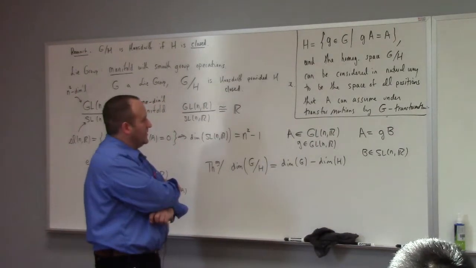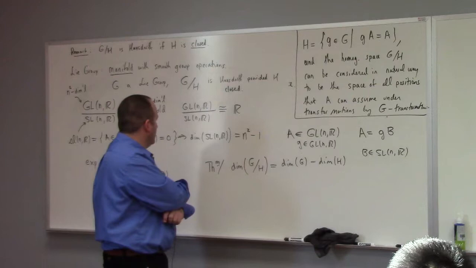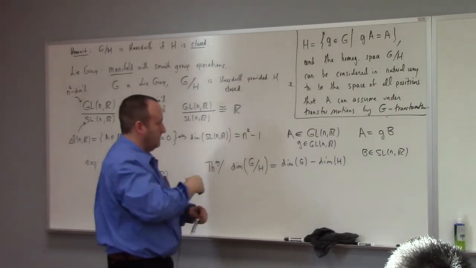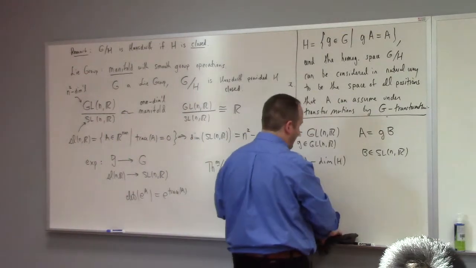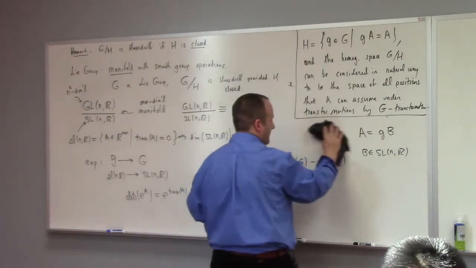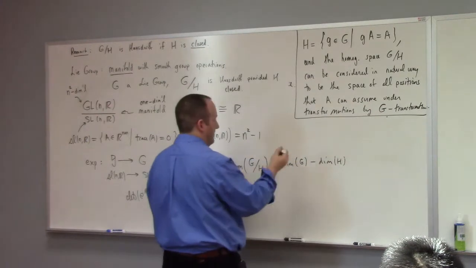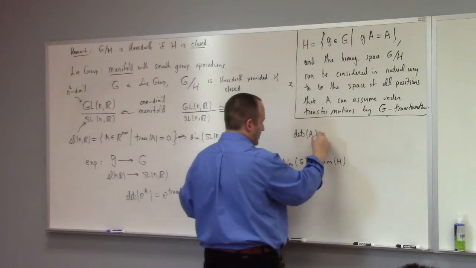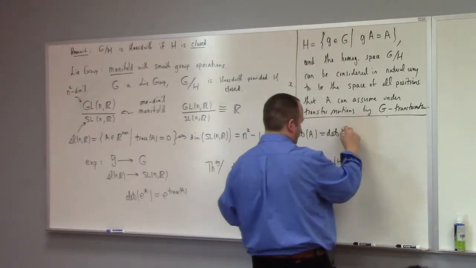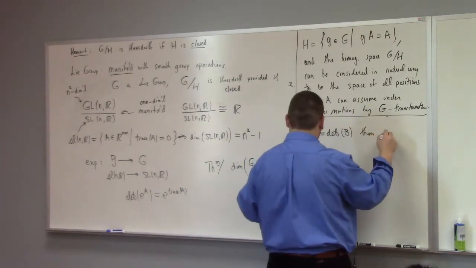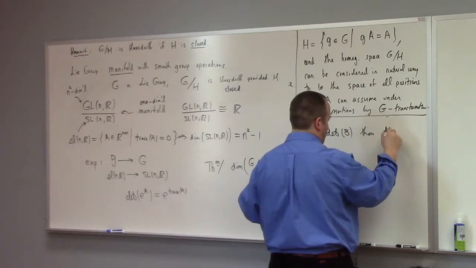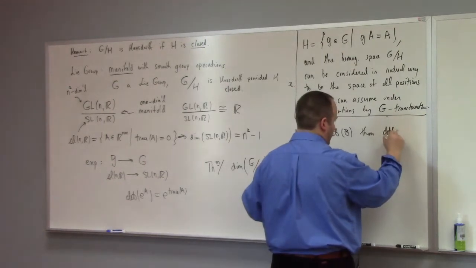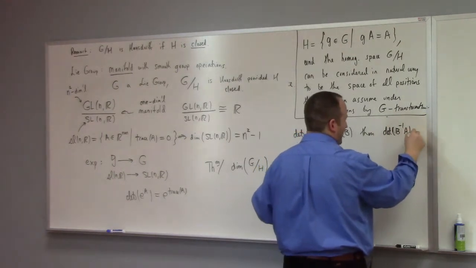Matrices with the same determinant will be sent to the same coset. If I have the determinant of A equal to the determinant of B, then the determinant of, you say AB inverse or B inverse A? B inverse A, whatever, is 1.